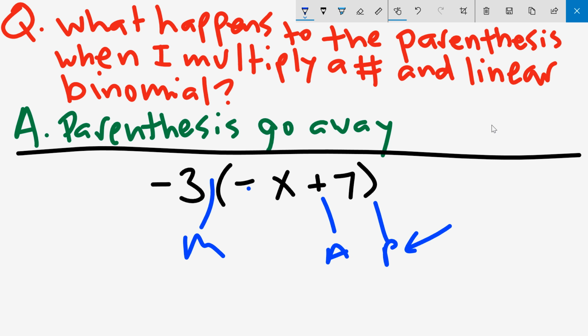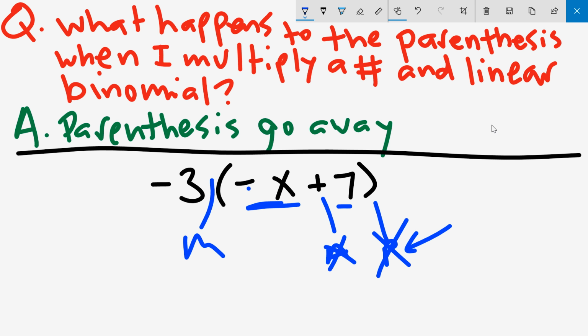Important, do whatever it says inside the parentheses. Well, let's try. We got an x and a 7. Those are unlike terms. Can we add those together? No, we can't add those together. So it looks like we can't do anything with the parentheses. And we can't even do the addition inside the parentheses. We can do neither.